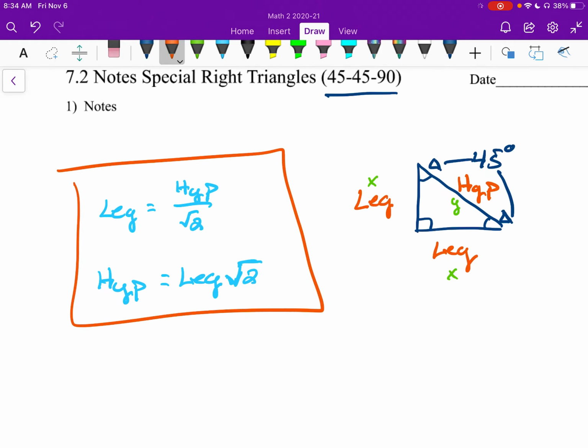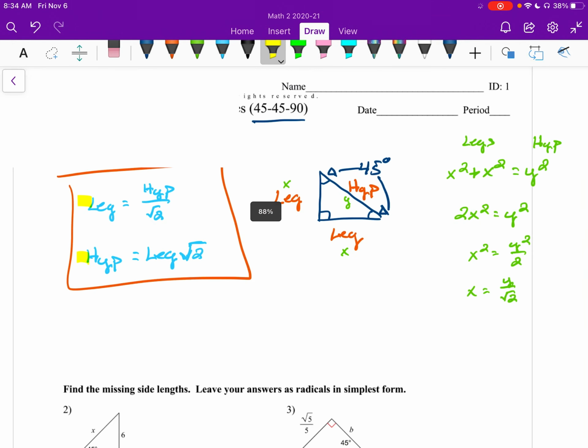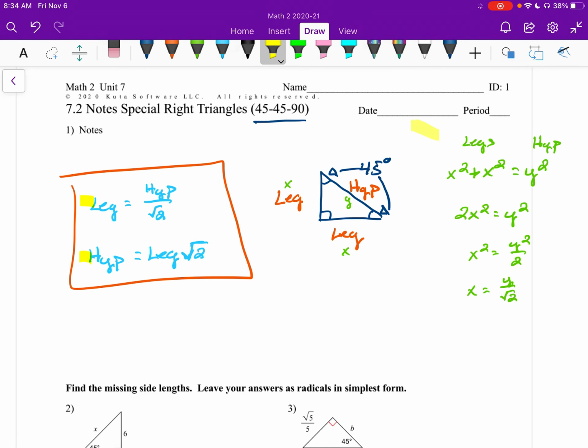So in a 45, 45, 90 triangle, the leg equals the hypotenuse divided by root 2, and the hypotenuse equals the leg times root 2. So it's kind of a shortcut to the Pythagorean theorem. And I showed you this green stuff over here just to show you why these formulas work.